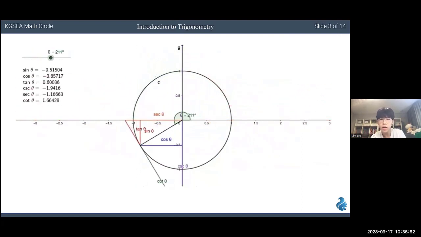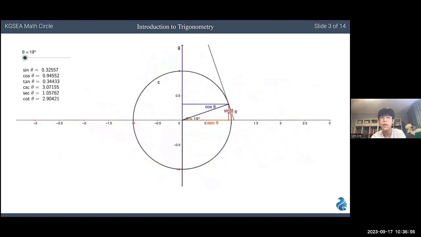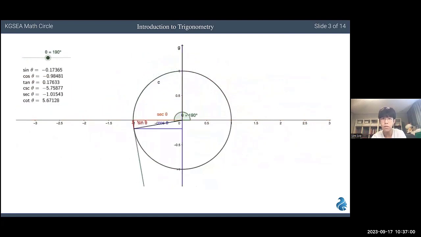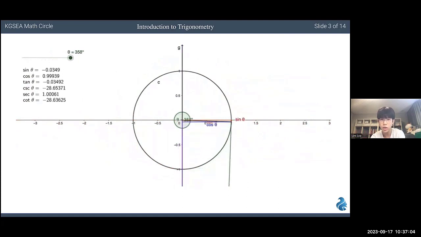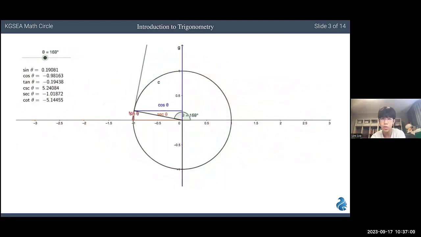Additionally, we can also see that the values of sine, cosine, and their reciprocals, cosecant and secant, never exceed 1 or go below -1. And finally, the functions of tangent and cotangent go to infinity and 0 when the moving radius crosses the x or y axis.